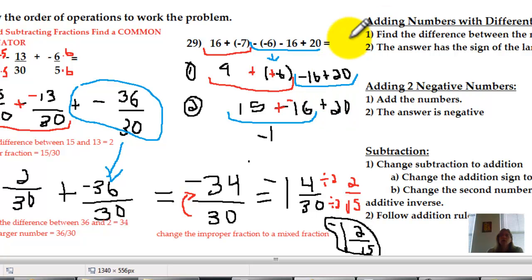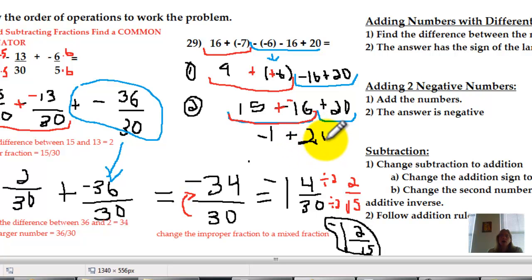And we're going to take the rest of this. Oh, and this should be red if I were consistent. Yeah, because we're working on that. We got our answer. Now we have to take this and bring it down. And then plus 20.